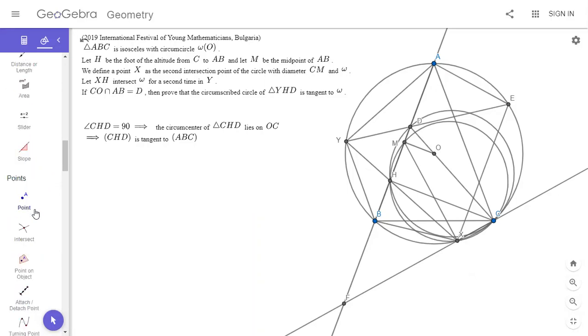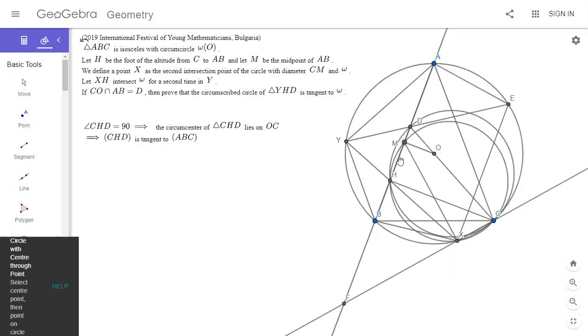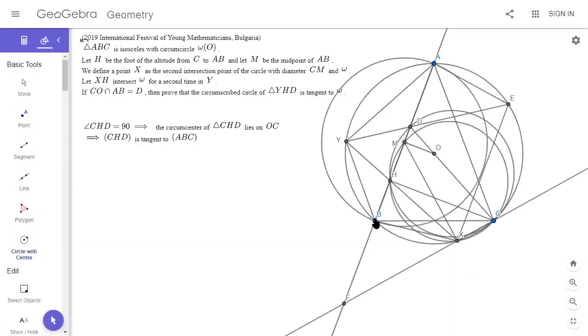Let's see. Well, actually, this might help. So basically, M is the midpoint of BC, I should have drawn that, really. So M is the circumcenter of ABG.